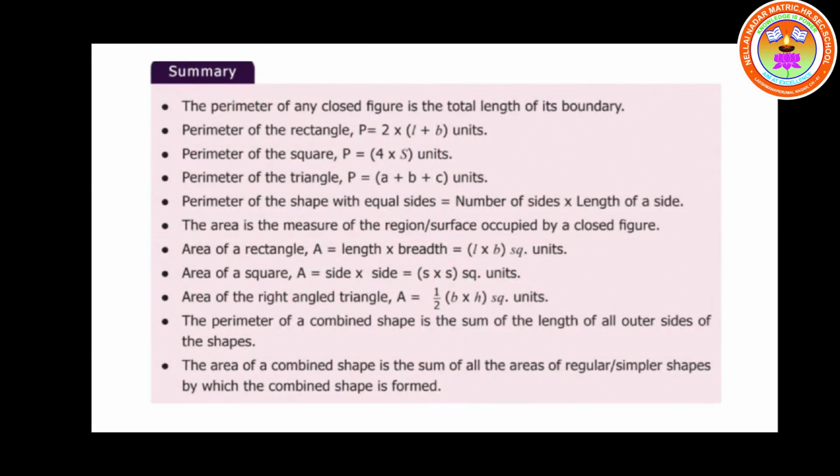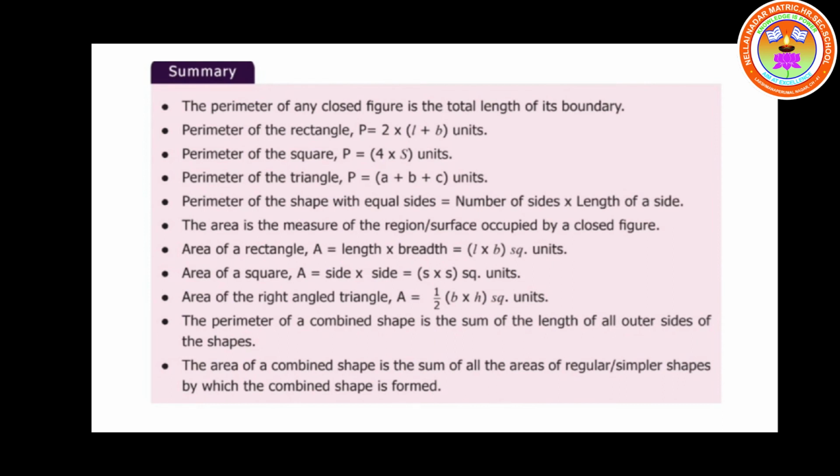Now, whatever we have learned so far, let us recollect once again. The perimeter of any closed figure is the total length of its boundary. The perimeter of the rectangle is P equal to 2 into (L plus B) units. What is the perimeter of a rectangle, children? Yes, P is equal to 2 into (L plus B) units.